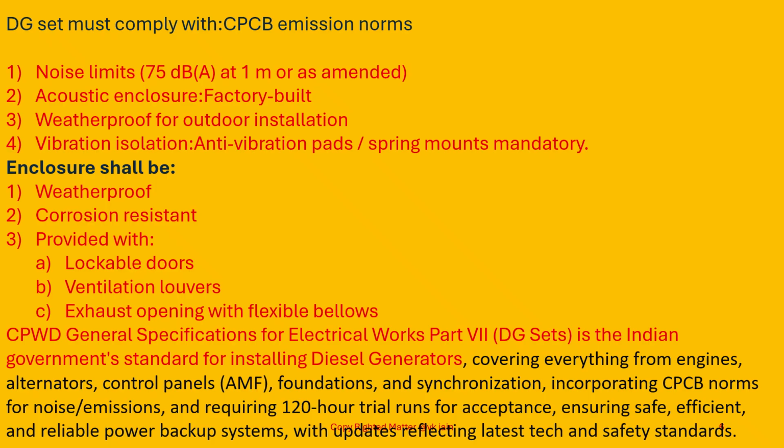This is regarding DG set as per CPCB norm, Central Pollution Control Board, CPCB. It prescribes, whatever may be the generating set, there is a noise limit of 75 dBA absolute at 1 meter.